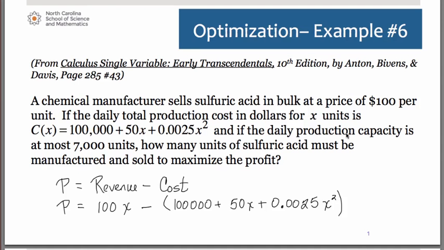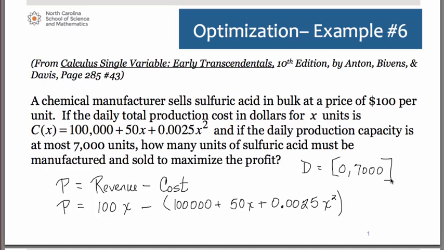Remember that the daily production capacity is at most 7,000 units. So really we do have a domain here. We're assuming they're going to make more than 0 units, right? You can't make a negative number of units. So we really could think of the domain of this function as being 0 up to 7,000, because that's the most apparently that this company can handle making in one day.